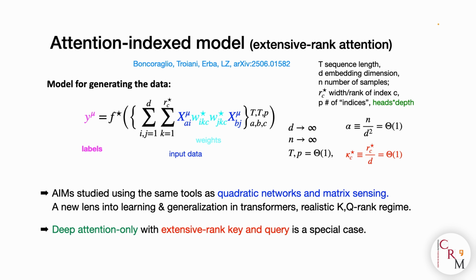Okay, and now how it is studied. As I said, it's related to the quadratic networks, and the quadratic networks are related to something called matrix sensing, a model where the tools go through and were developed. So we go into that and pick from that to be able to write the explicit solution here.